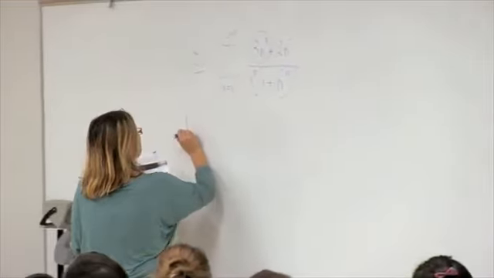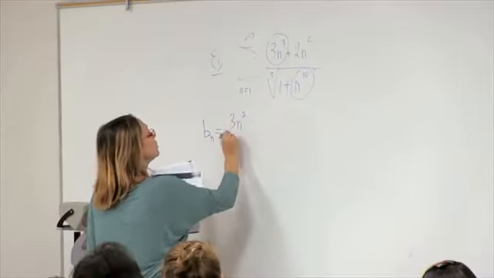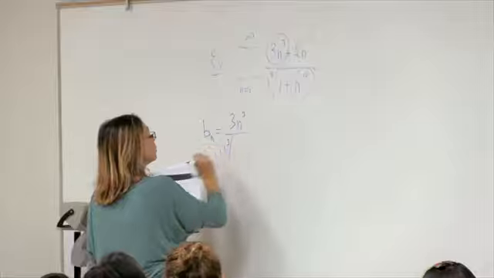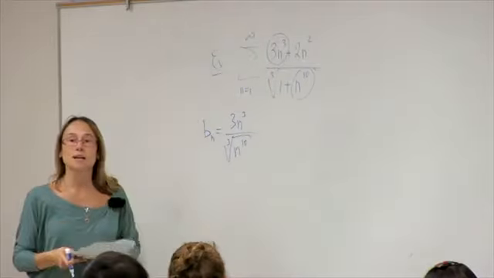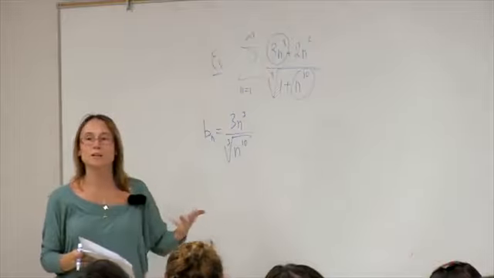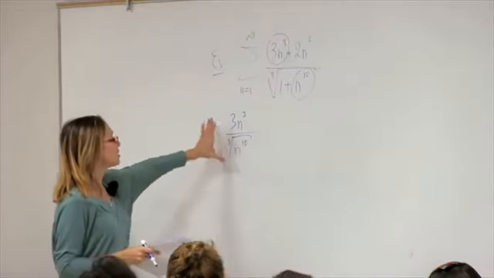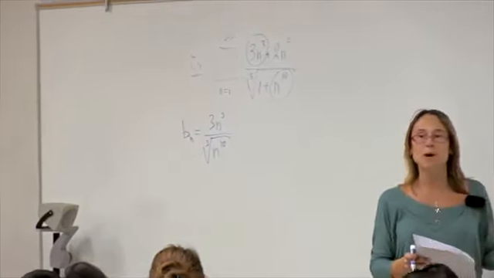So let's set Bn to be 3n cubed divided by the cube root of n to the 10. And this is the trick that you can always use to figure out what to compare it with. The resulting sequence will have to be a p sequence because it's going to be some power of n.